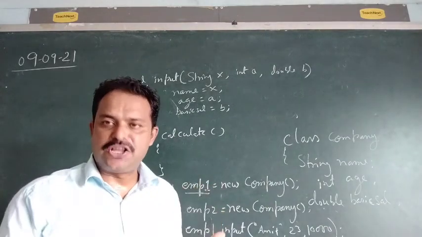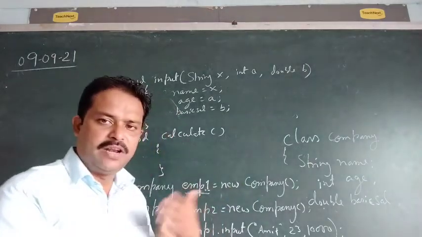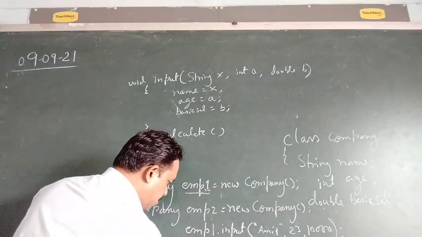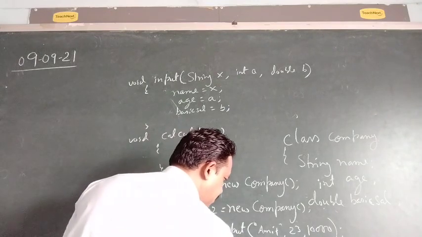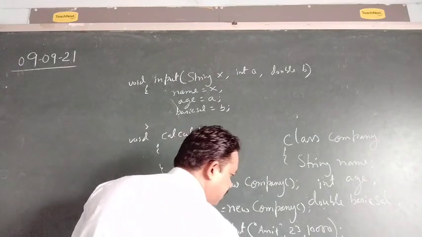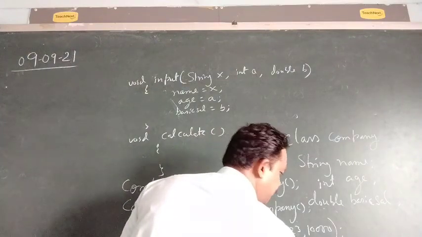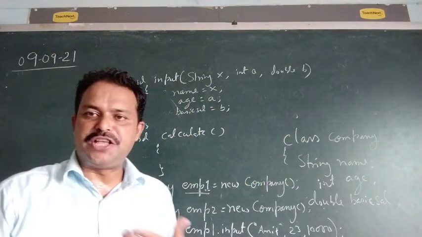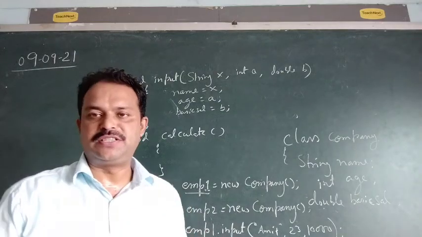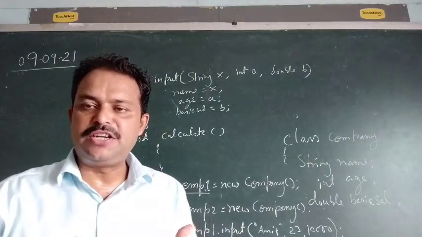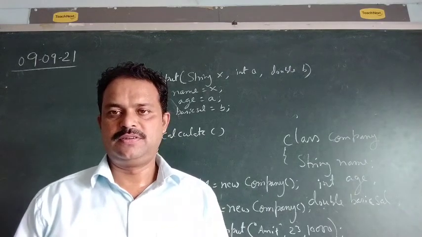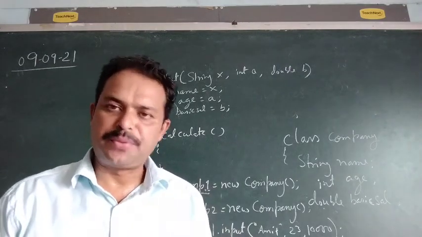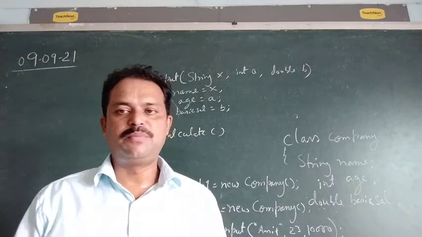Its state may get changed also. I will call again employee1.input with Amit, 25, 20,000. Now the state has been changed. How? The value has been changed. If the value of a variable gets changed, it means its state has been changed. I am talking with respect to the program.